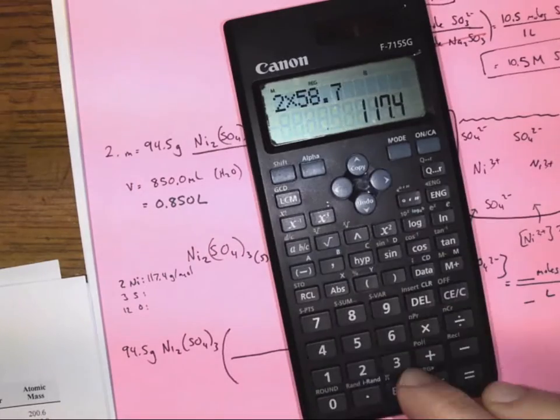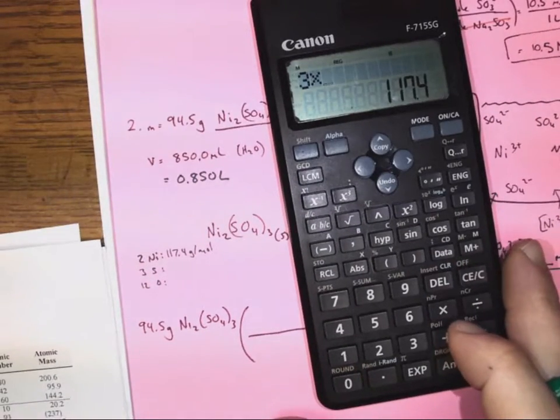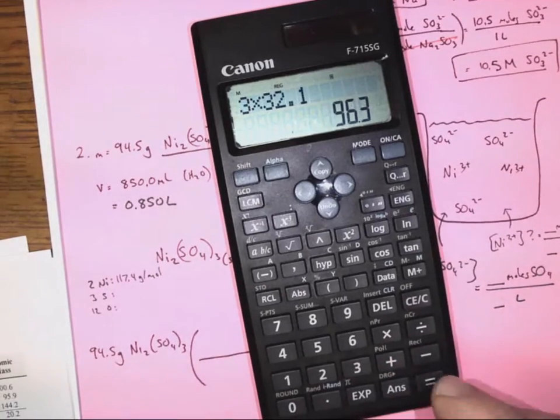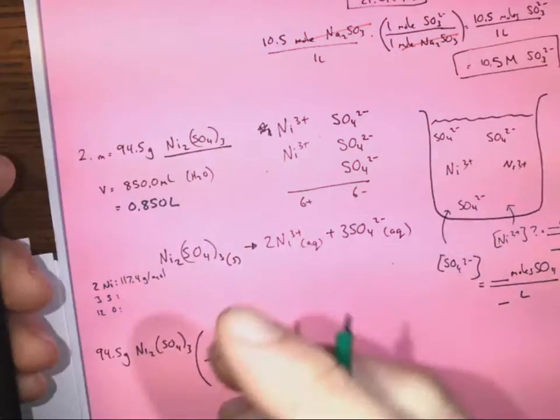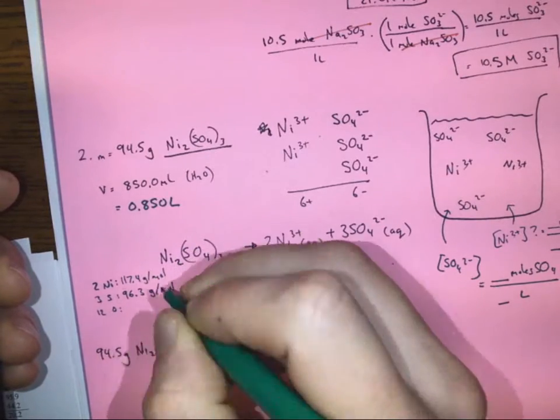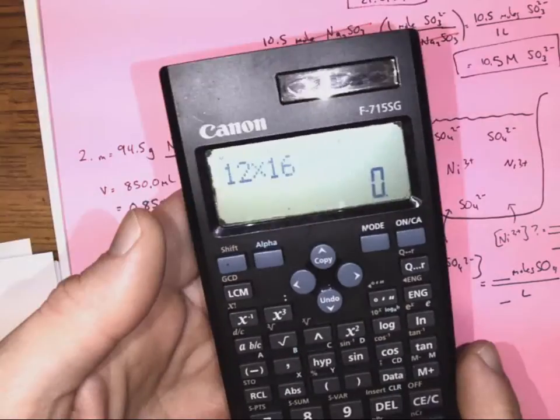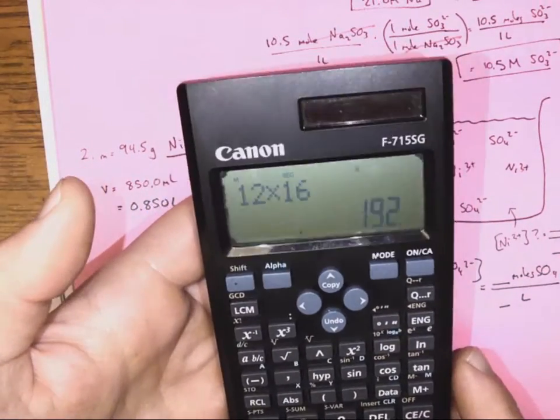I have 3 sulfurs, so that's 3 times, what's the molar mass of sulfur? 32.1. 96.3 grams per mole. And I have 12 oxygens, which is 12 times 16, 192 grams per mole.